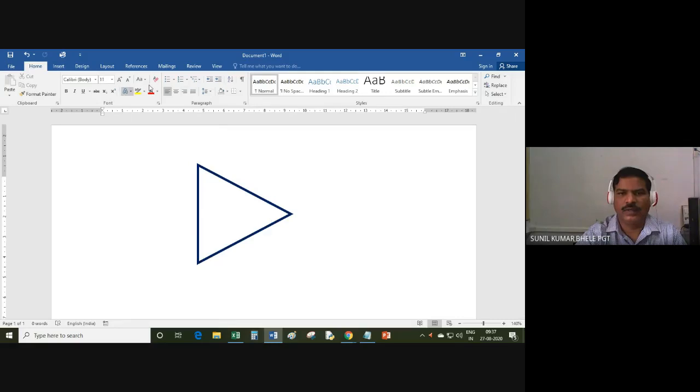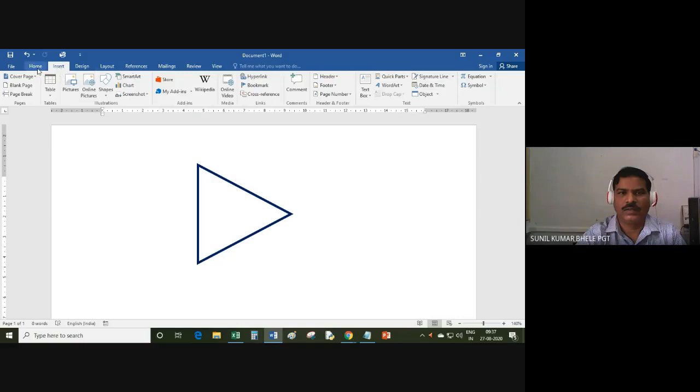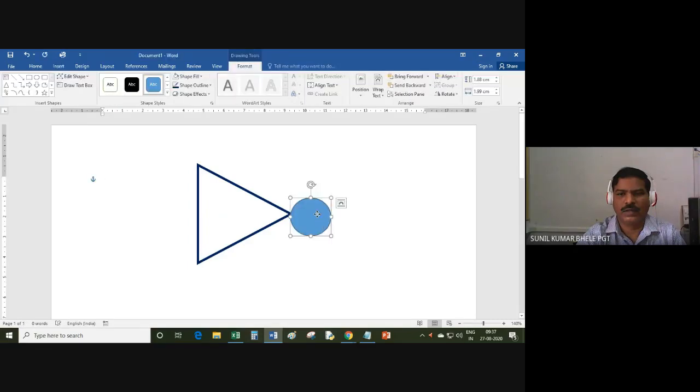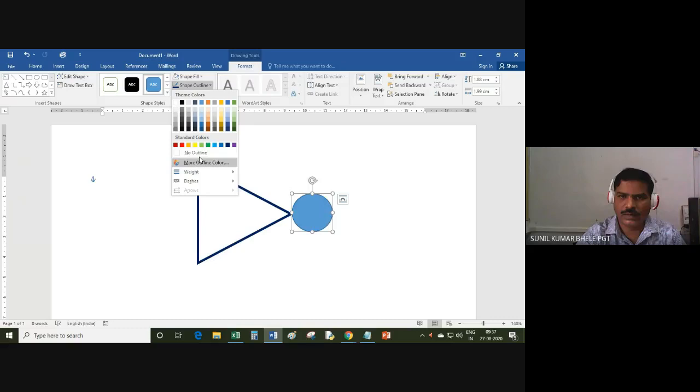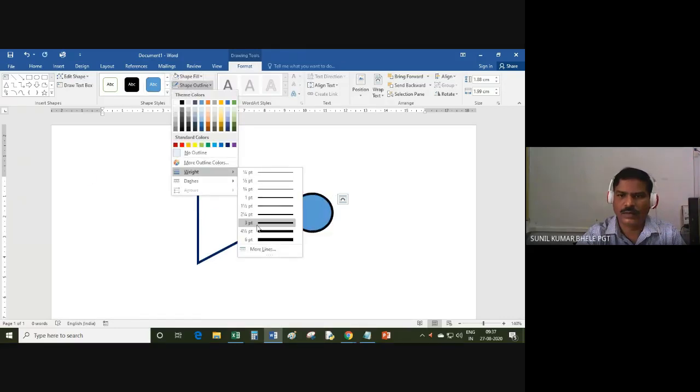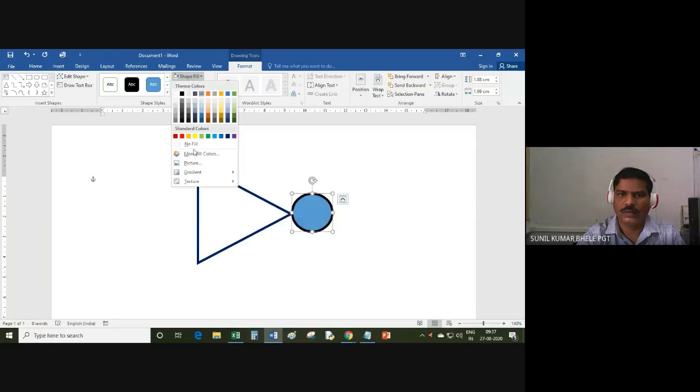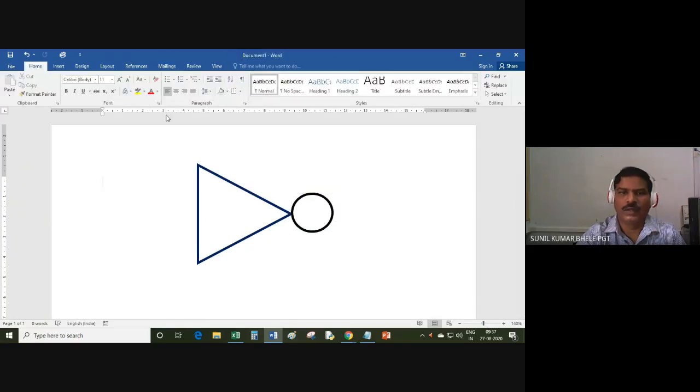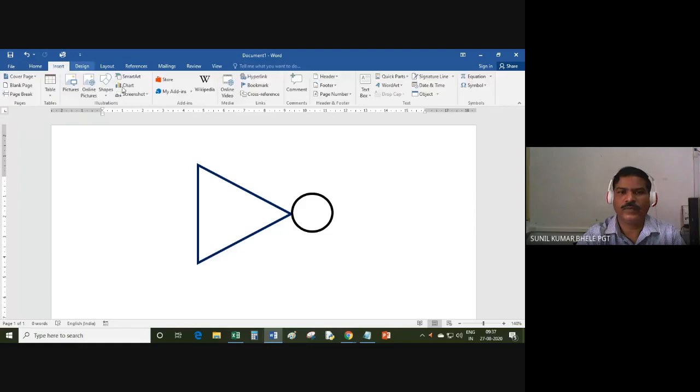You can put one circle also, like this, and then you can draw a line.